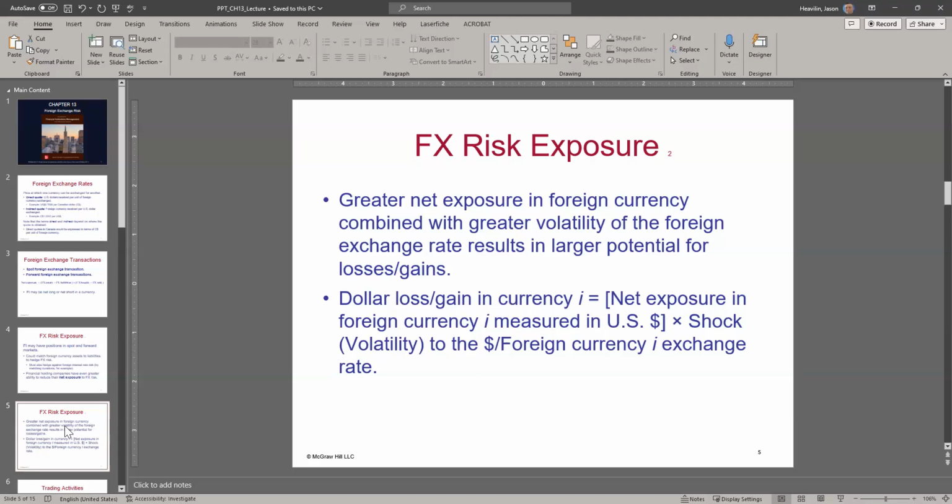If you're not, you just measure in whatever domestic currency is, and you multiply that by the volatility to the dollar, the dollar over foreign currency exchange rate. So the volatility. And that's how you can then calculate what your loss or gain will be.